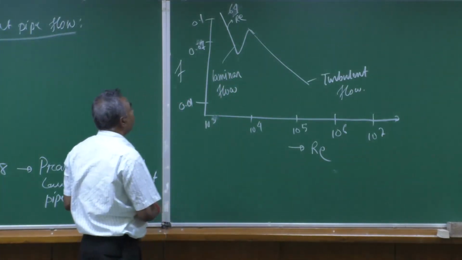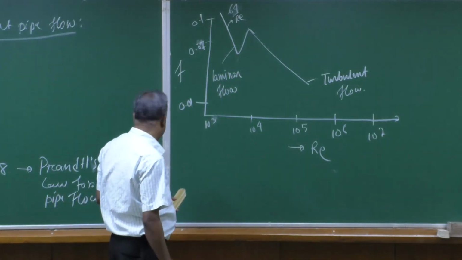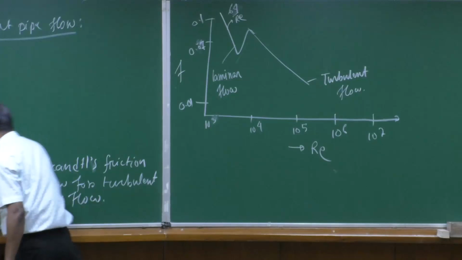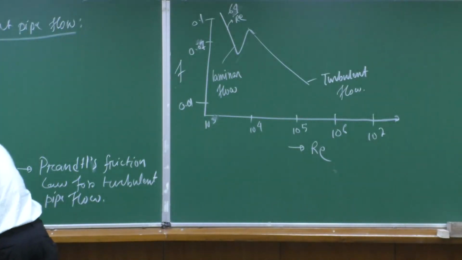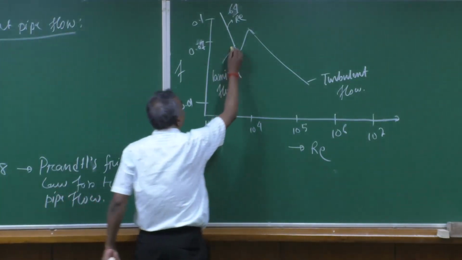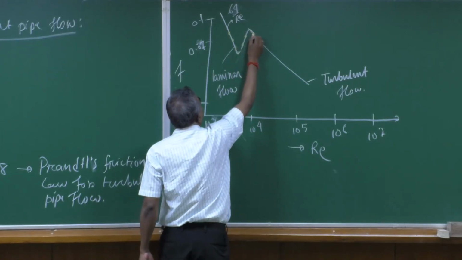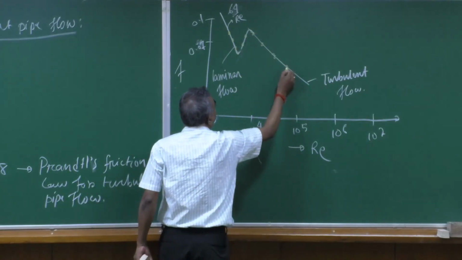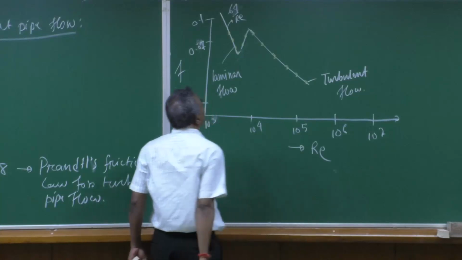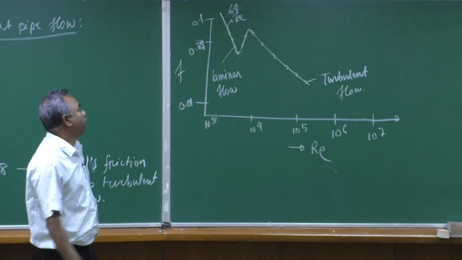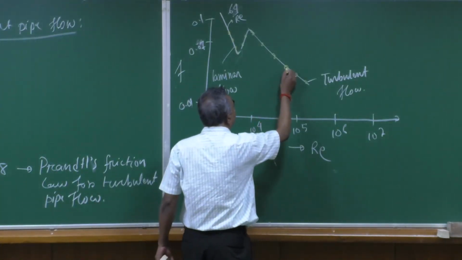Now, if you see your measured data here, for a smooth pipe your measured data will sit on this curve. Okay.